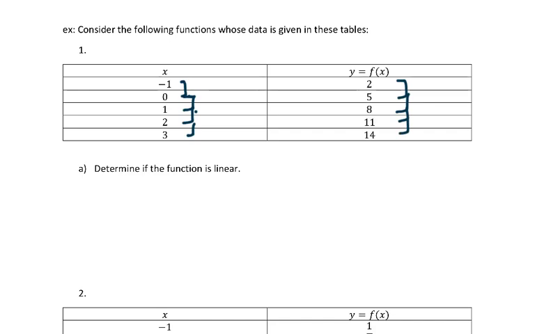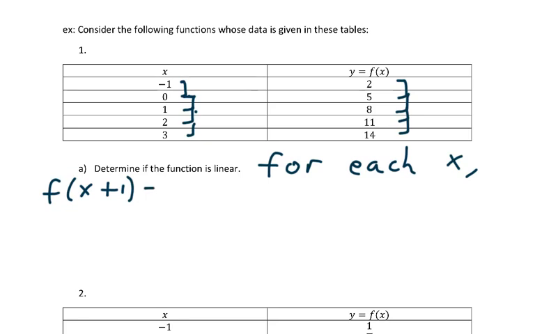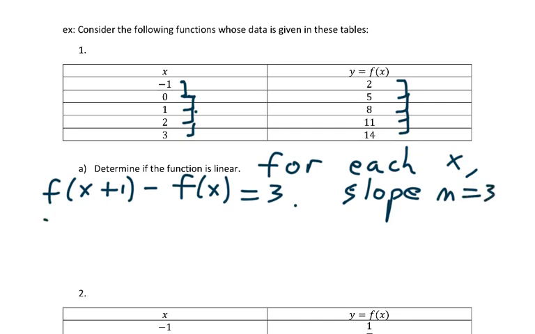So each time you increase your x, your y value is increasing by 3. That tells us the slope is going to be 3. So for each x, we have f of x plus 1 minus f of x equals 3. And that tells us the slope, m, is 3.